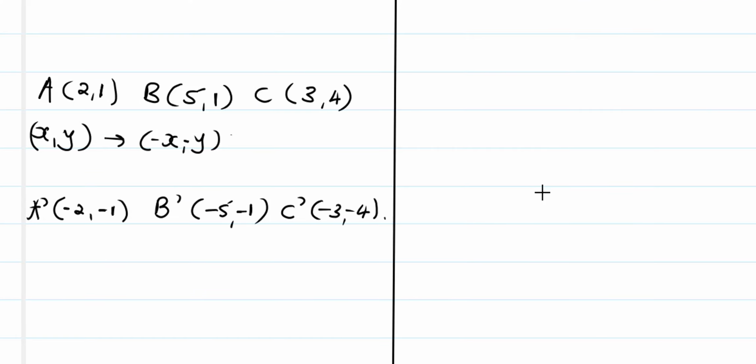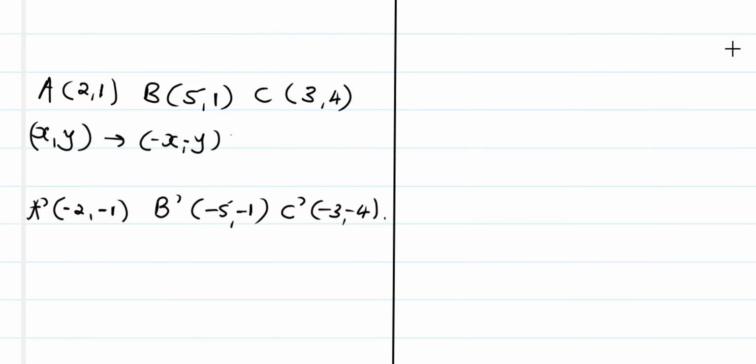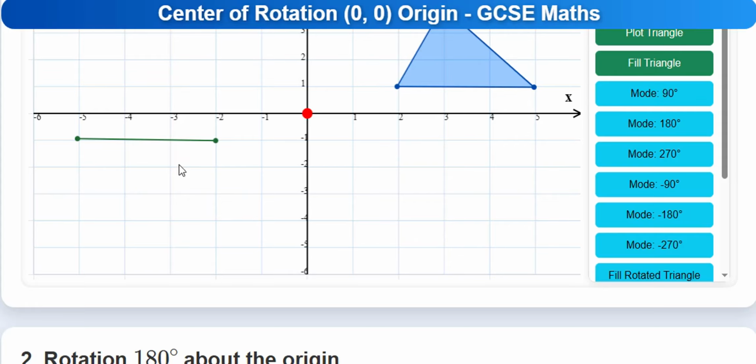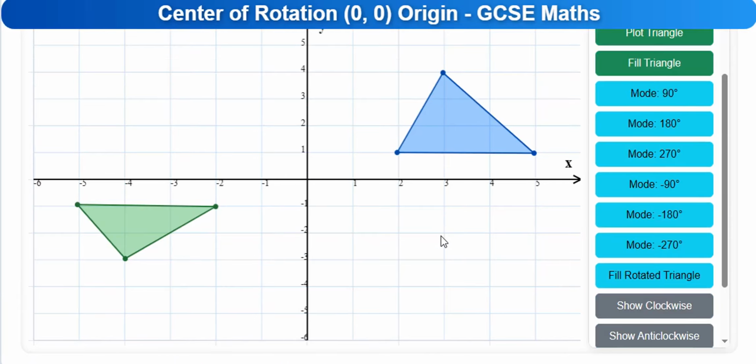Then the second one is -5, -1 somewhere there. And the last one is -3, -4 somewhere there. And now we have rotated that triangle 180 degrees clockwise about the origin.